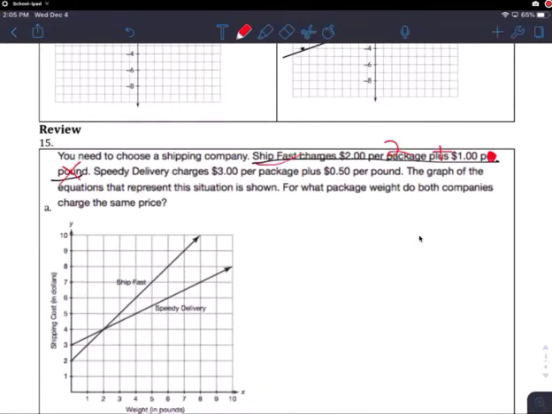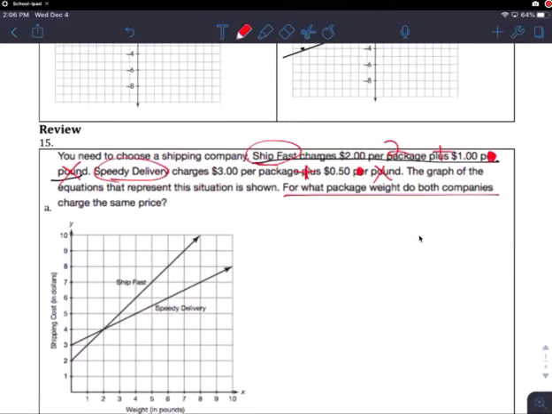So that's for ShipFast. Speedy Delivery charges $3 per package, so that's a constant rate of $3 for each package, plus $0.50 per pound times the number of pounds, or what we use x for, right, the number of pounds. So the graph of the equation that represents this situation is shown.